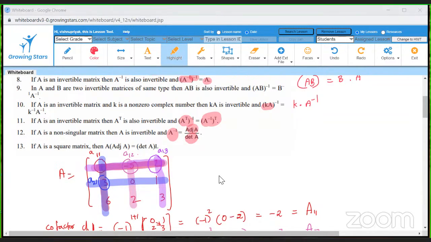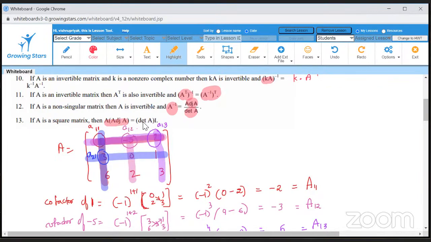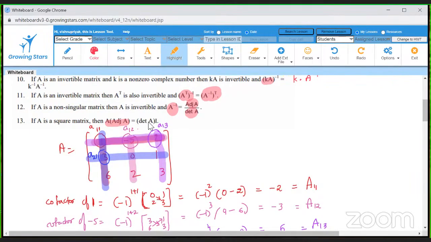Any doubt? Okay. How to find determinant A? I'll tell you. A into adjoint A will be equal to determinant A into I. These two formulas also you must remember.